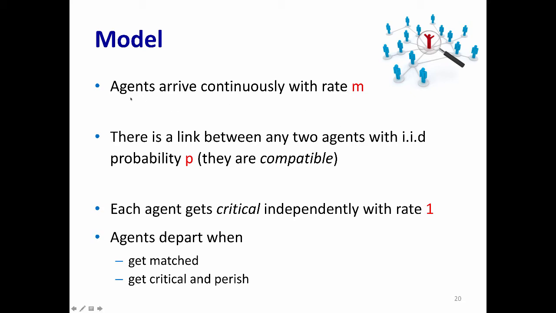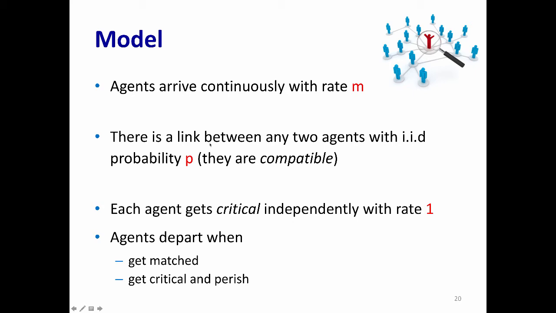So agents arrive to this market according to a Poisson rate m. So it's a continuous time model, and in expectation, m new agents come to the market. And for any two nodes or any two agents in this market, there is a probability p that they are compatible, that there is a link between them.